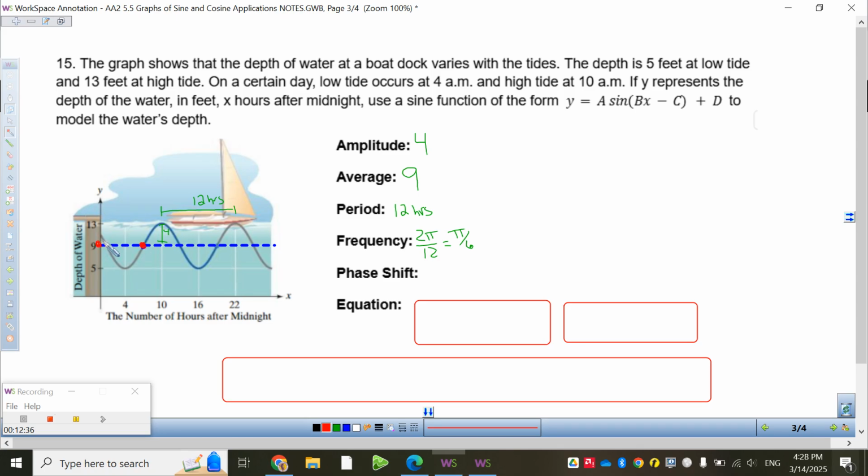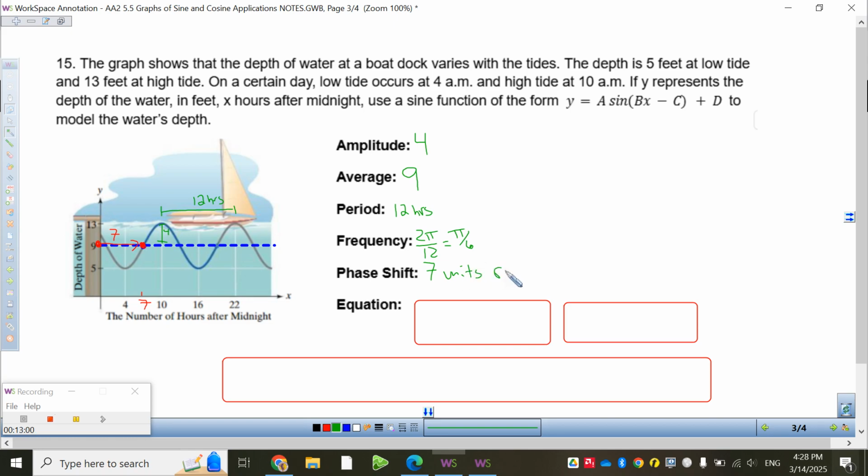Normally sine would start over here, but now our sine graph's starting here. And this is exactly in between 4 and 10, so I know this value is 7. So I can tell that this is a sine graph that's been shifted to the right by 7 units. So our phase shift for this problem is 7 units right.